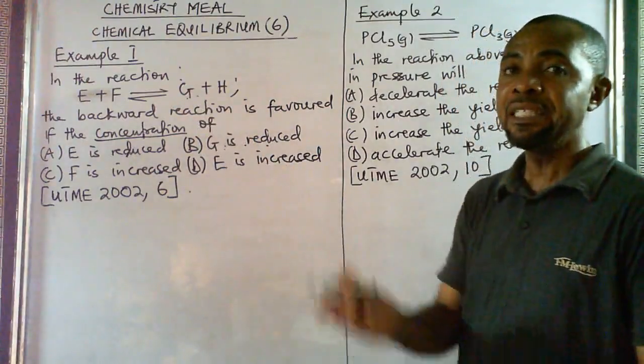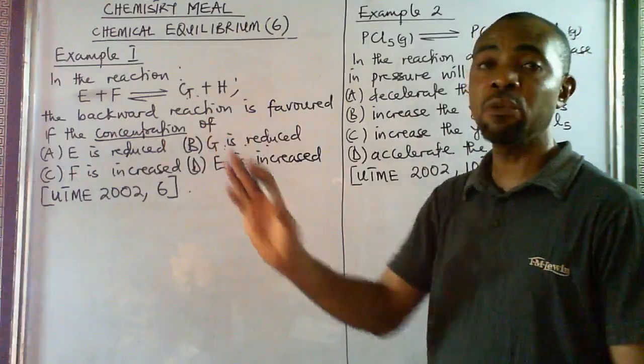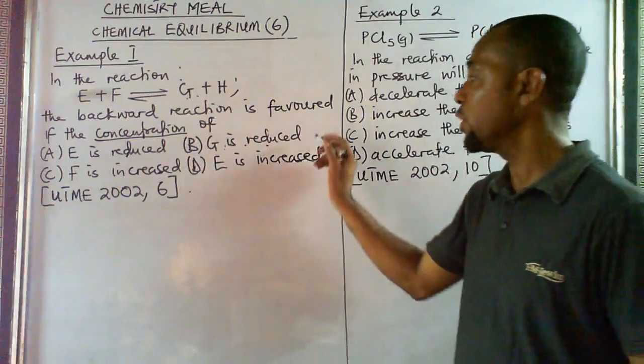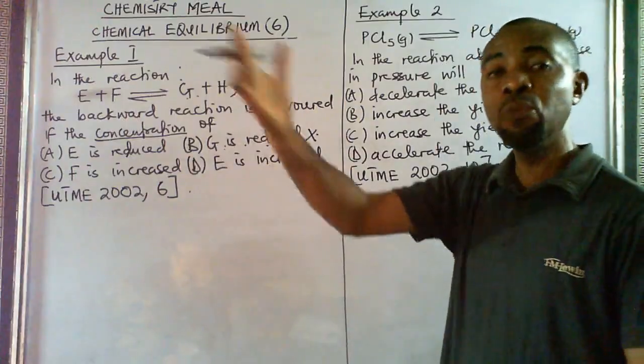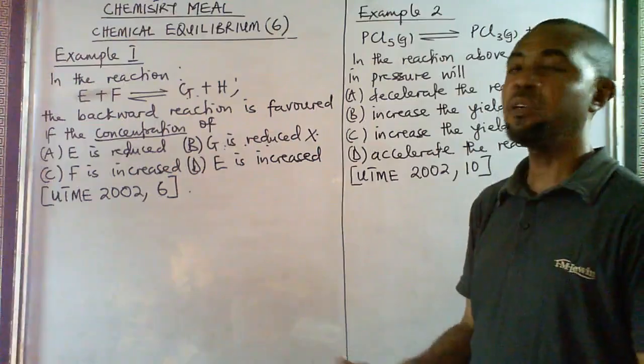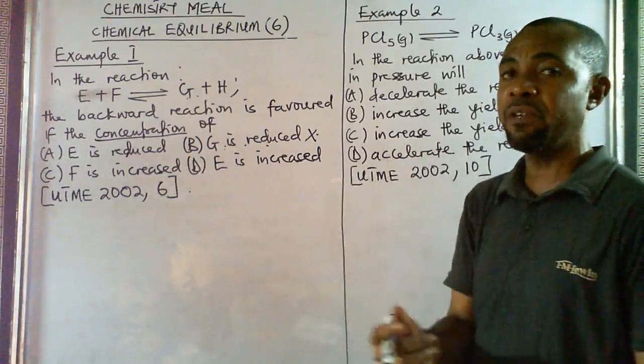It is decrease in the concentration of reactant that favors the backward reaction. So this is not a reactant. So decreasing the concentration of the product will not favor the backward reaction, because it is decreasing the concentration of the reactant that does.